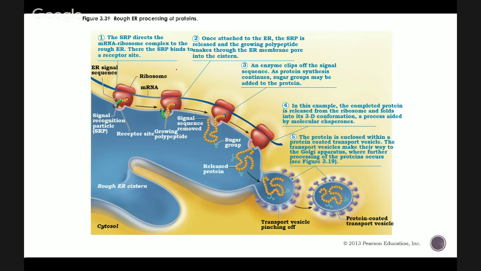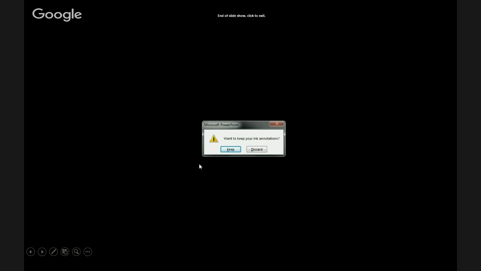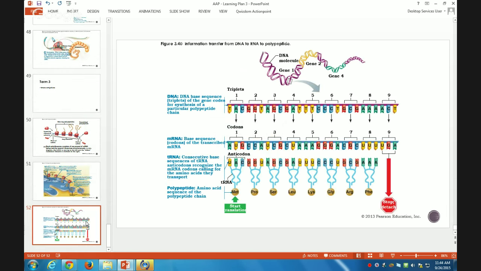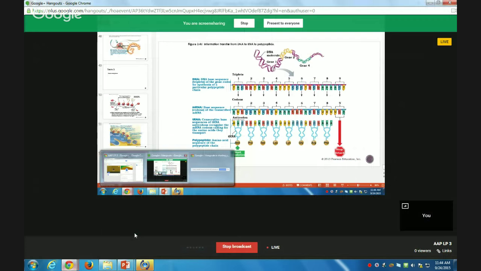Okay, so these pictures are just in the book and they're basically telling you what I showed you, just giving you more about it. On Blackboard, you should have some videos if you want to brush up on your protein synthesis, or you want to see an animated version of it.